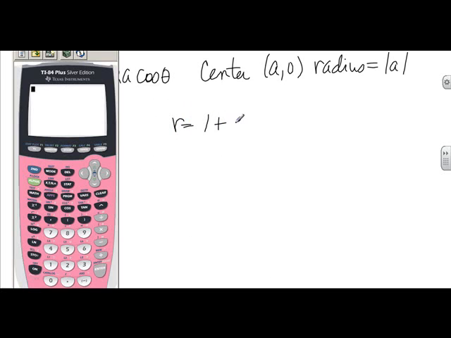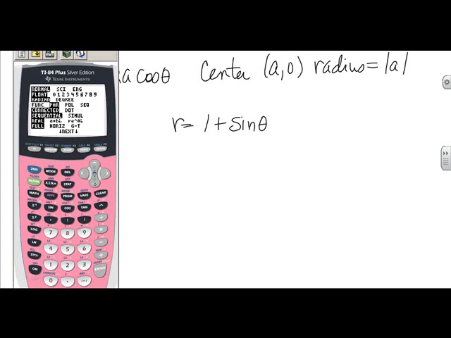First of all, you've got to switch the mode to polar mode. Which is the fourth line down where you can switch from function to parametric.